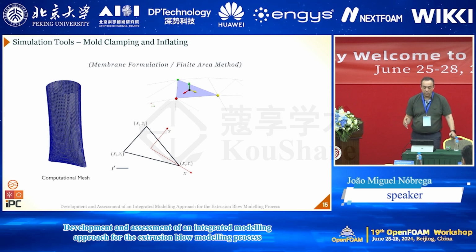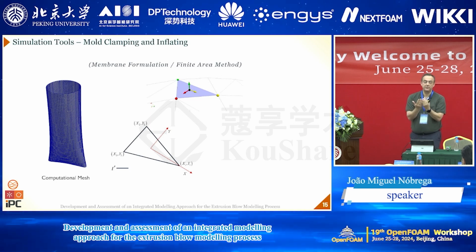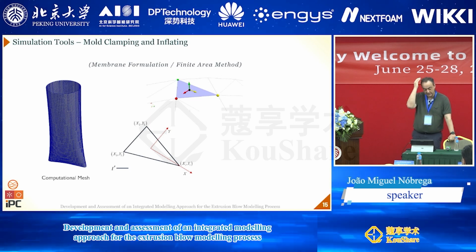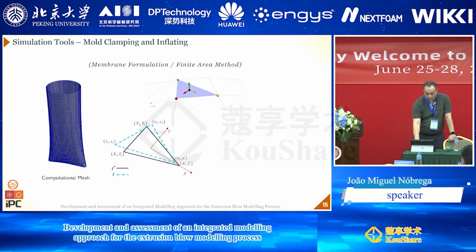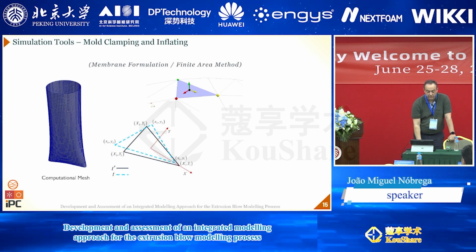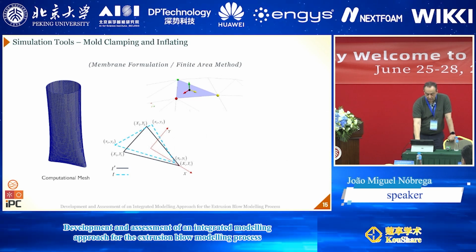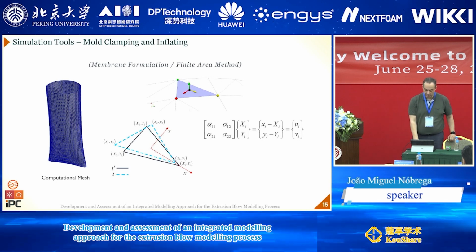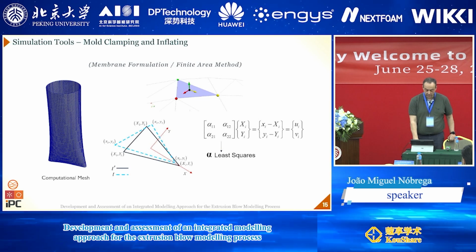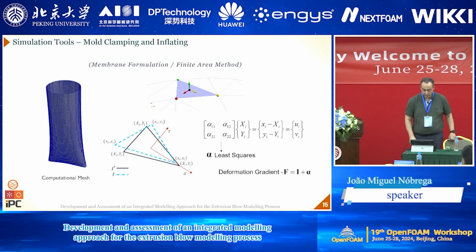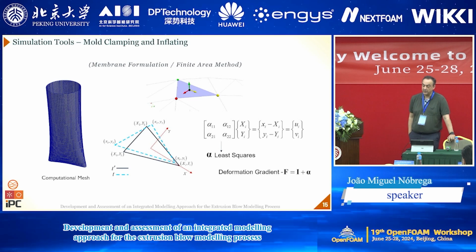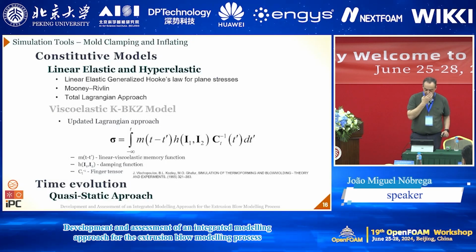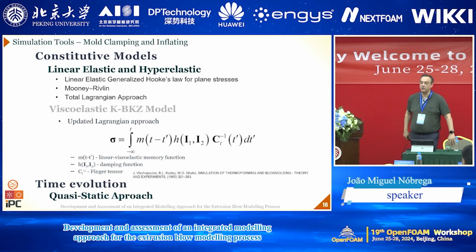But typically what we do, we have the membrane surface, we triangulate the membrane surface, and in order to map the deformation in two consecutive instants of time, we map that transformation using a linear least squares approach, and that allows us to compute the deformation gradient. And this deformation gradient is used together with a number of models.